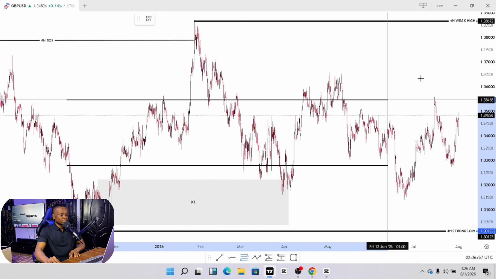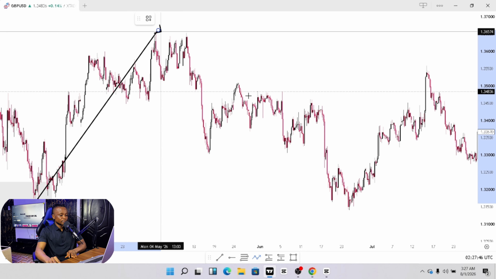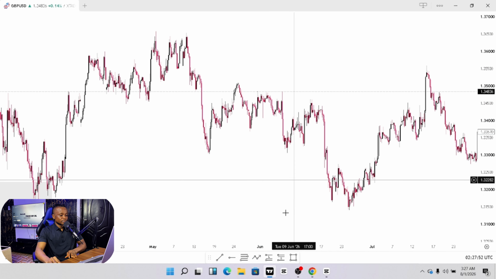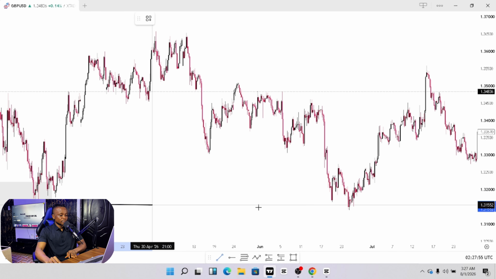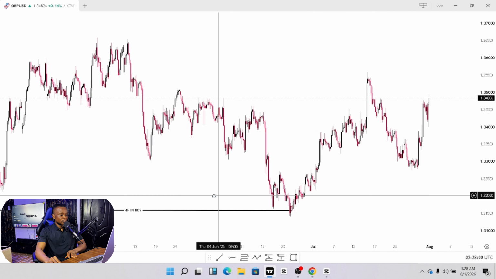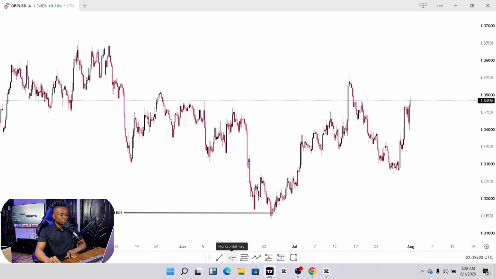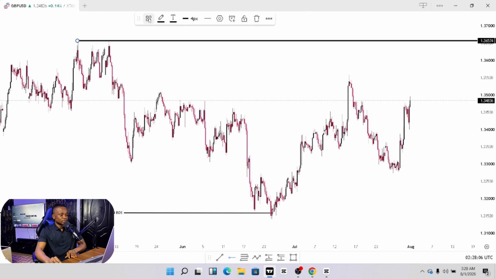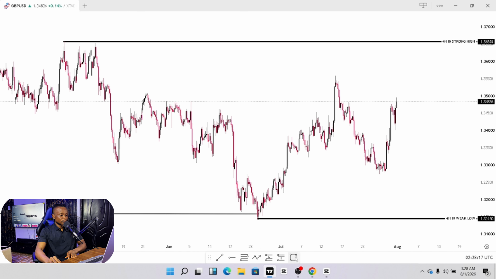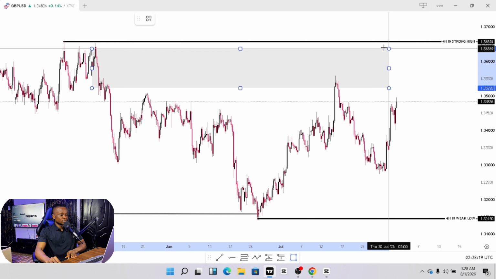So now let's take it a bit further to show you what the substructure is doing. You can see that GBP USD substructure pulled back here and broke structure to the downside, breaking this low. I will mark here to be our internal break of structure, and if I move this a little bit, this will be our internal strong high, and this will be our internal weak low, and here will be our supply zone.